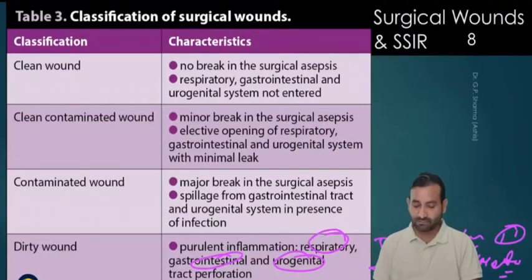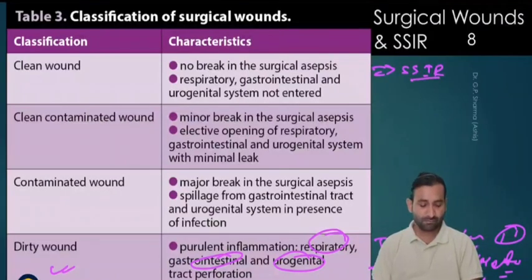So in these conditions, and we have the diverticular perforations. Or there is a presence of frank pus or frank abscess over there. So all these kinds of wounds are called the dirty wound.